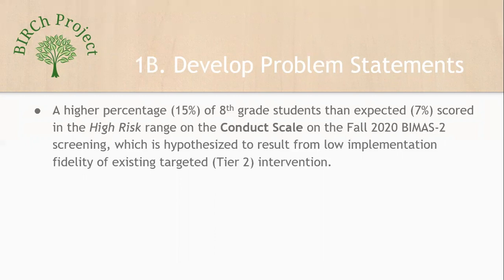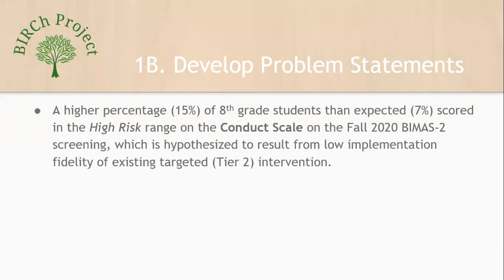You also notice that we have a when. So on the fall 2020 BIMAS 2 screening. So it's very specific in identifying the discrepancy between current state and desired state, as well as when this problem is occurring, where or with whom, 8th grade students, and a hypothesized reason as to why it's happening.